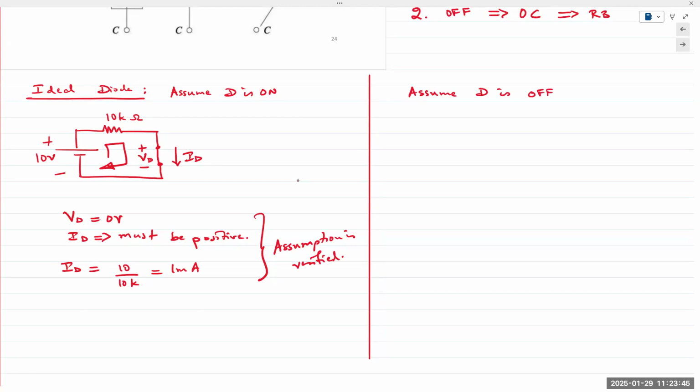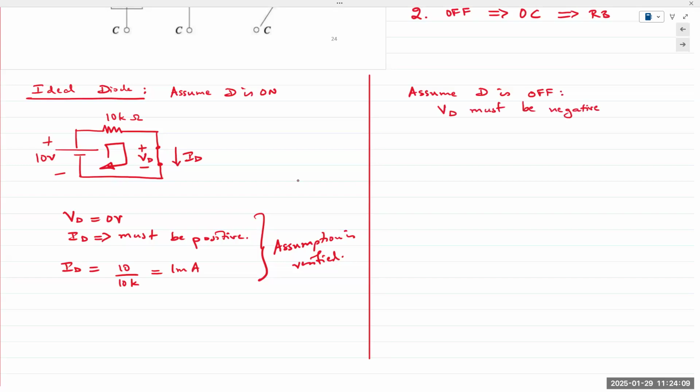That's the condition. Current flow should be 0 and VD must be negative, right? So if we assume the diode is off, diode voltage must be negative. If you obtain a positive value, or if you obtain a forward current, that means our assumption would be incorrect.